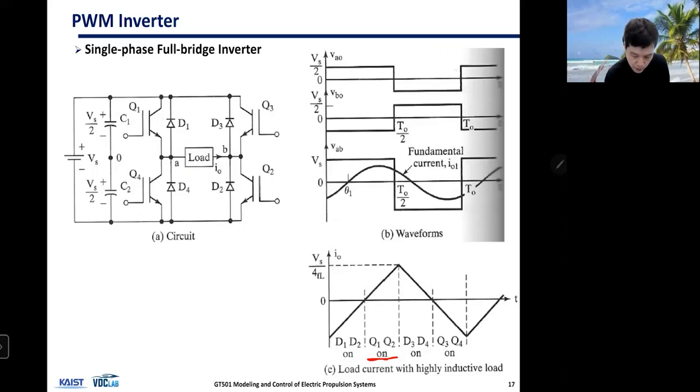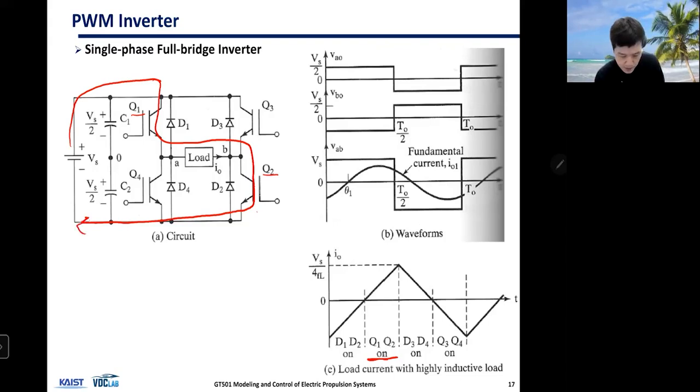If you have Q1 and Q2 on, meaning that you close this switch, then you're going to have this current flow towards this direction, right?